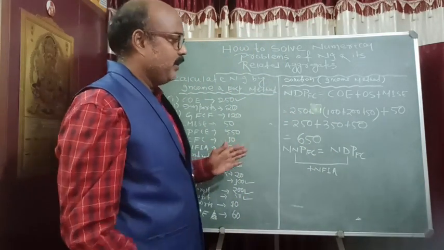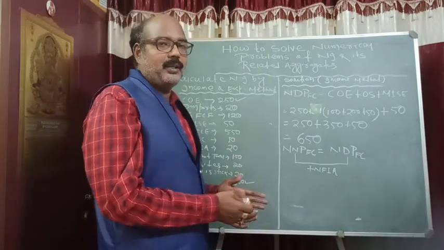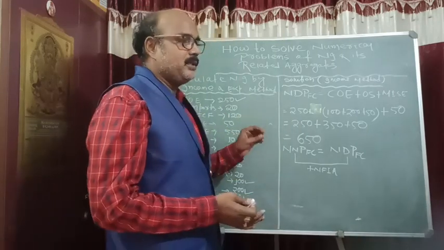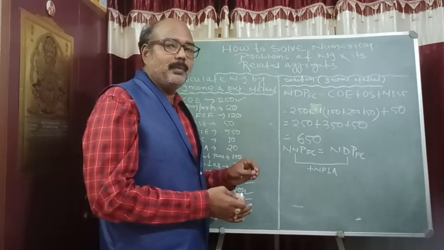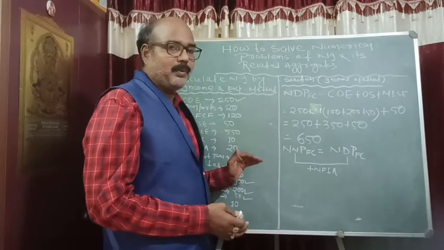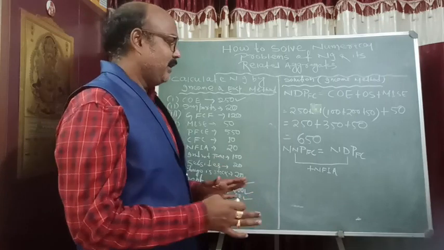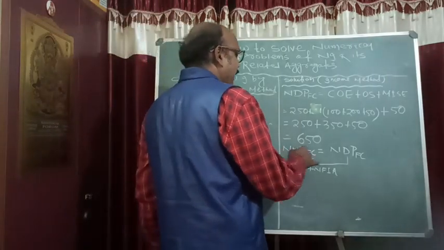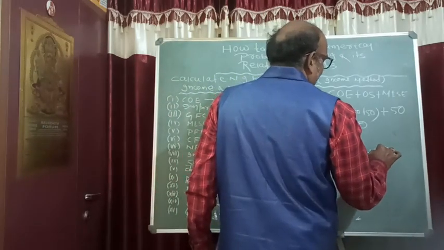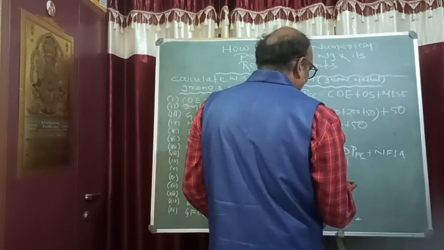You can see my basic operations, which I have already given in the three lectures: the product method, the income method as well as the expenditure method. I have told you what basic operations to do, so please watch them carefully first. So here the net is the same, national is required, domestic is given, so that is plus NFIA. So what is the value of NDPFC?